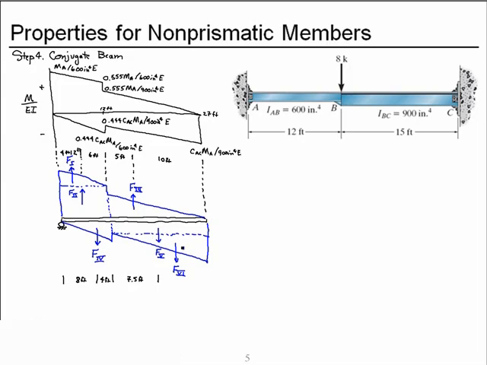Force 6 is 5 feet from the end, which means there is 2.5 feet here, and then 5 feet to the end.